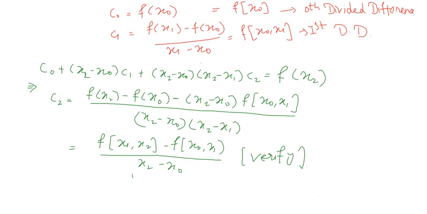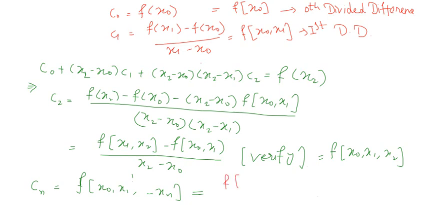So what we wish to derive is Cn, which is going to depend on x0 to xn from the previous results. Since C0 is depending on x0, C1 is depending on x0 and x1, C2 is depending on x0, x1, x2, three points, so Cn will depend on x0 to xn.